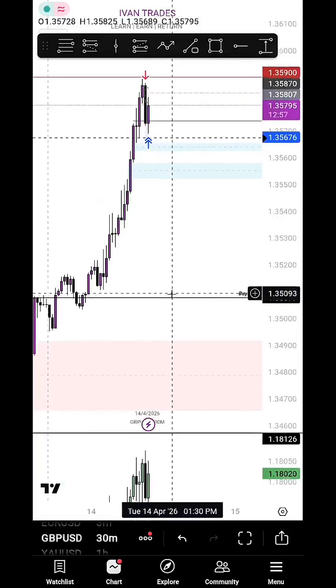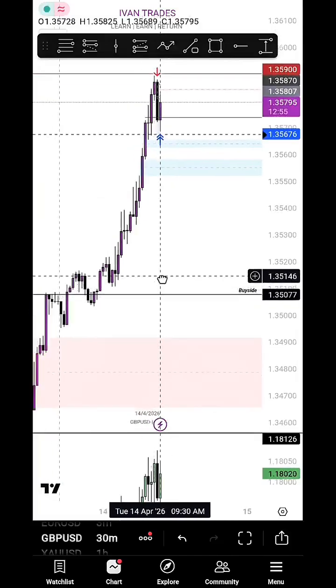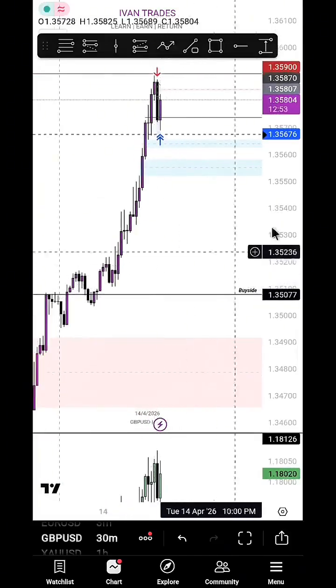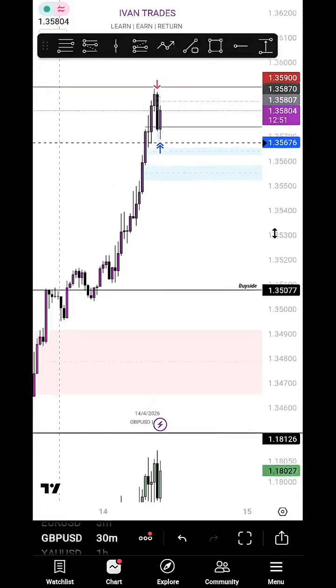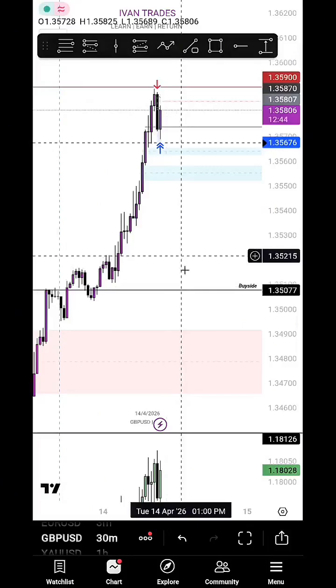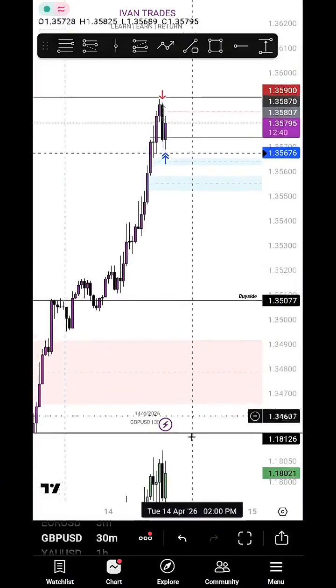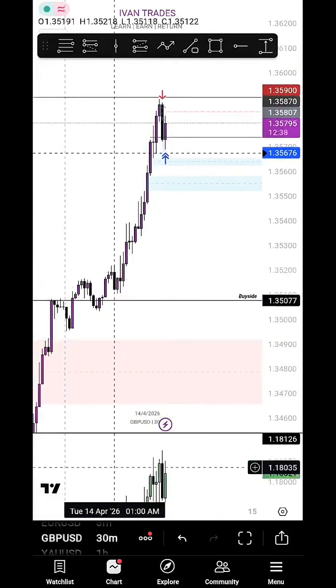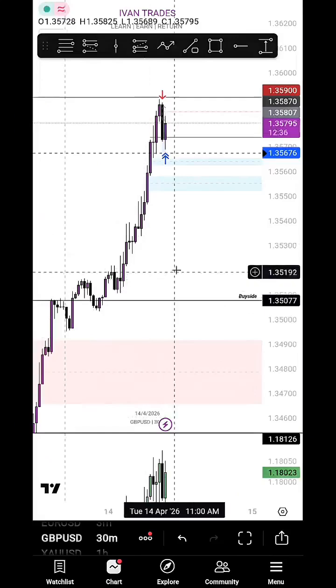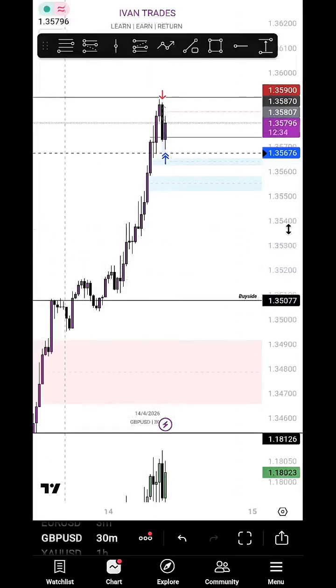I started with Euro USD, but the Euro was not providing the best risk to reward ratio, even though the one which was provided GBPUSD, I sabotaged it. So I'm embarrassed of my performance today, but yeah, I have to own my mistakes.